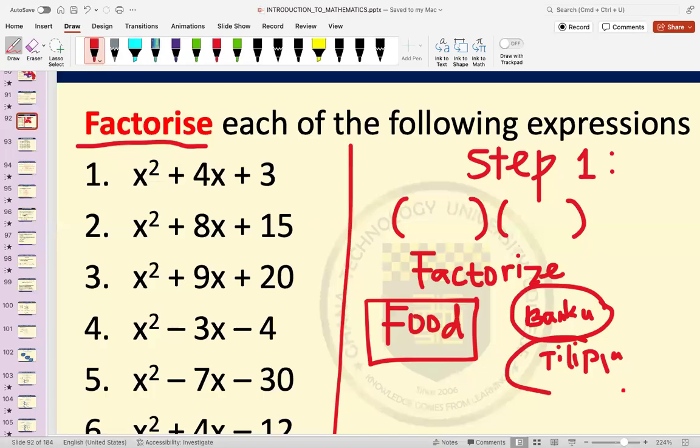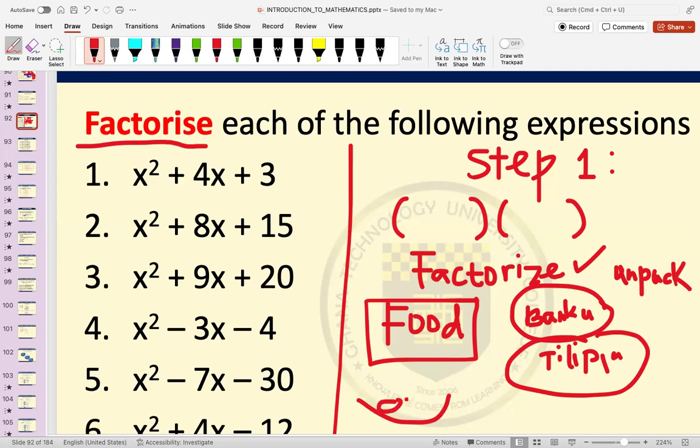When that is done for you, you see your food has been factorized. Your food has been put into factors, or your food has been packaged differently. Even though when it's time for you to eat, you unpack them.